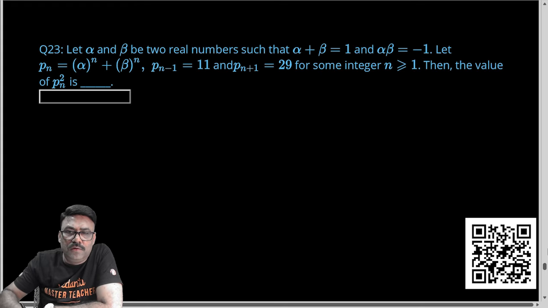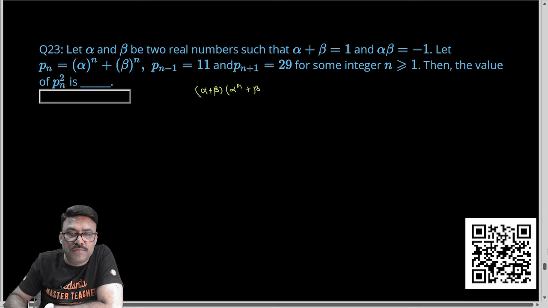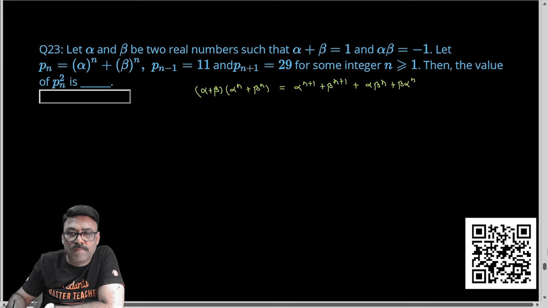Okay, so see, if I multiply alpha plus beta with alpha raised to n plus beta raised to n, see what I'm getting. I'm getting alpha raised to n plus 1 plus beta raised to n plus 1 plus alpha beta raised to n, plus beta alpha raised to n. So this is (alpha plus beta) into Pn.